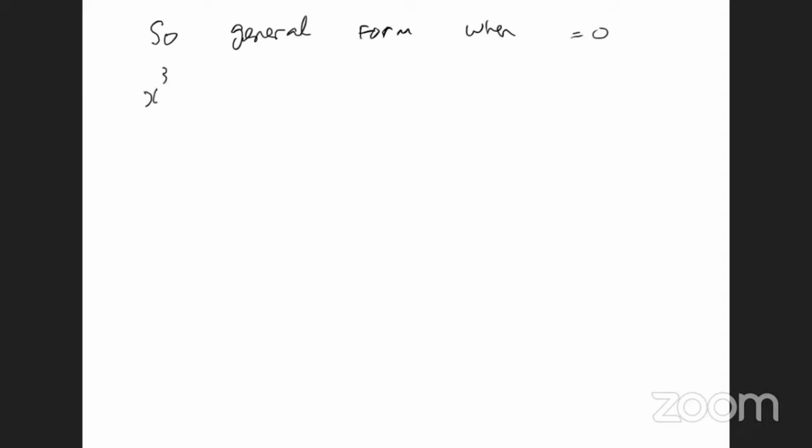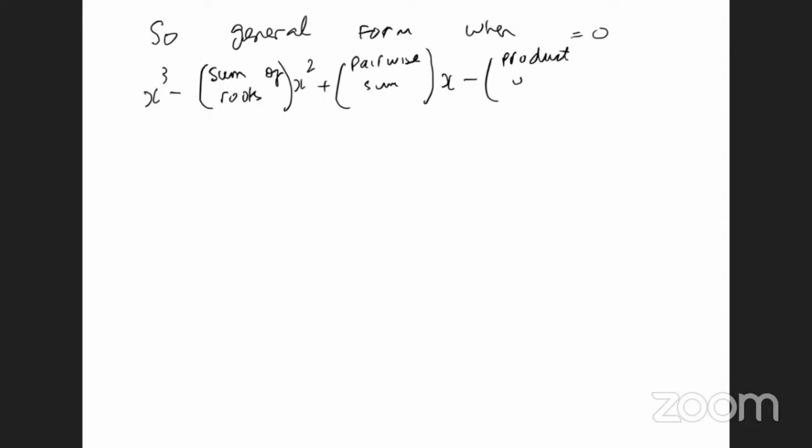X cubed minus the sum of the roots by x squared plus the pairwise sum by x minus the product of the roots. All right? So x cubed minus the sum of the roots by x squared plus the pairwise sum of the roots by x minus the product.